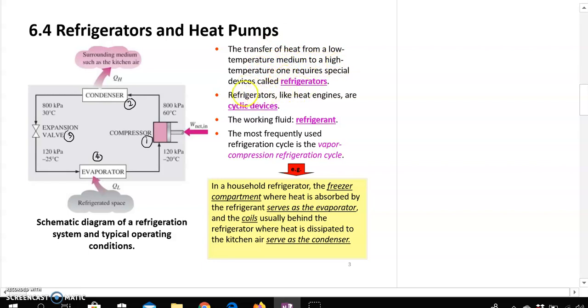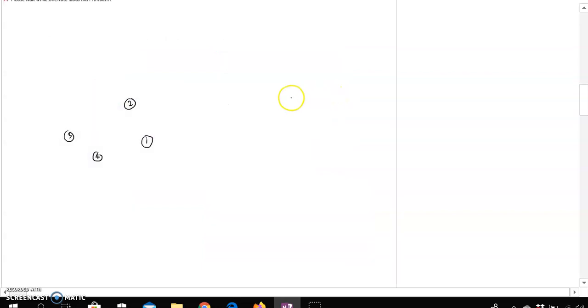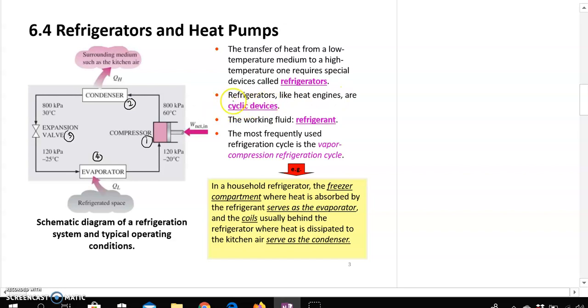A refrigerator, like a heat engine as we have covered previously, is a cyclic device. Here you have the compressor, condenser, expansion valve and evaporator.